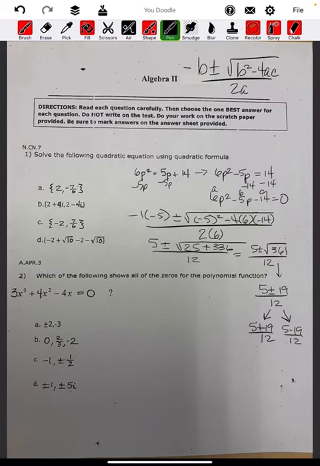So 5 plus 19 is 24 over 12, which simplifies to just 2. On this one, we have 5 minus 19, which becomes negative 14 over 12, which we're going to leave as a fraction. That gives us negative 7 over 6. All right, so the only option that has that is option C.